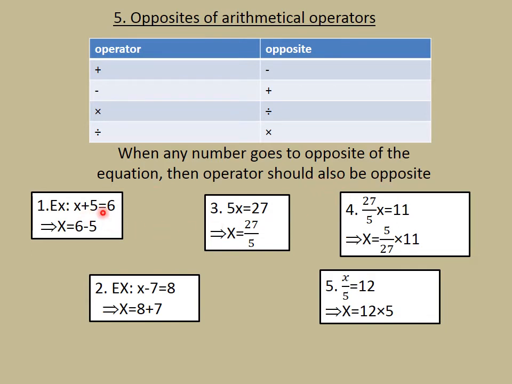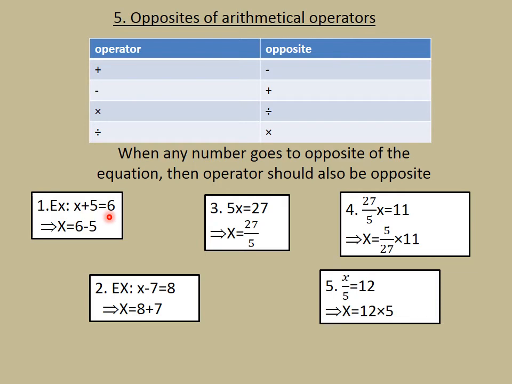There are two sides, left hand side and right hand side. If any number is going from the left hand side to the right hand side, the operator should be made opposite. Suppose you have x plus 5 is equal to 6.